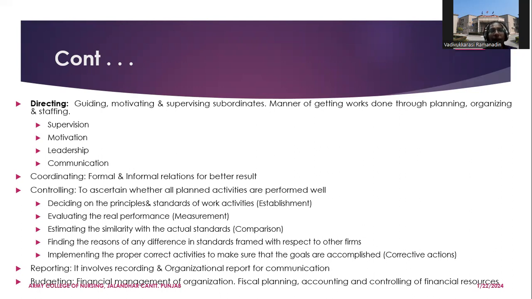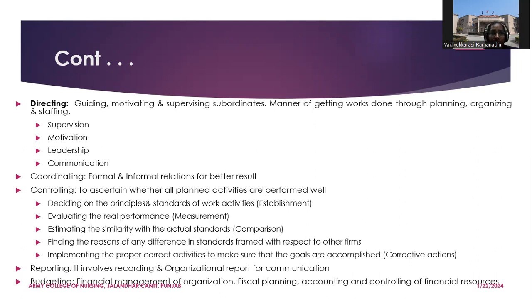So we have planned it and then they have done it. Now we need to cross-check whether they have done it or not. Evaluating the real performance of the people in terms of measurement, and then estimating the similarity with the actual standards. We are comparing whether what we have planned has been accomplished or not. So we are checking it out. Finding the reasons for any difference in standards framed with respect to other firms.